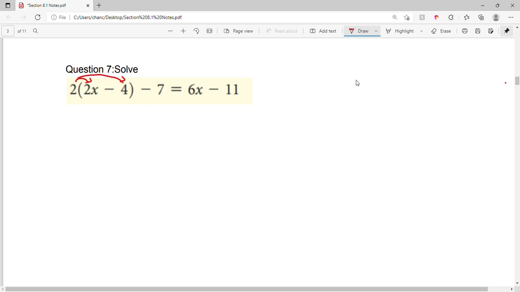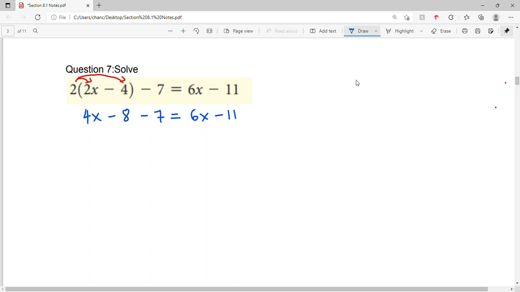I'm going to multiply 2 times 2x and 2 times negative 4. 2 times 2x, that gives us 4x. 2 times negative 4, that is negative 8. And when you distribute, make sure you bring it down as 4x minus 8. And this negative 7 is outside the parentheses, so just drop that down and we'll copy everything exactly as it is.